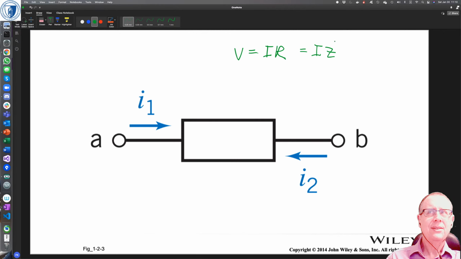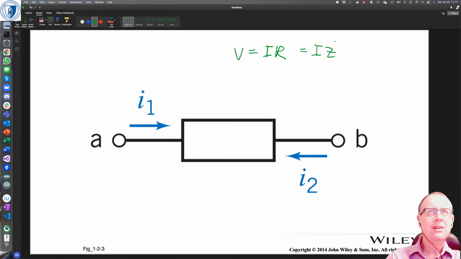So how do we figure out what's the relationship between the voltage across this device and I1 and the voltage across this device and I2?